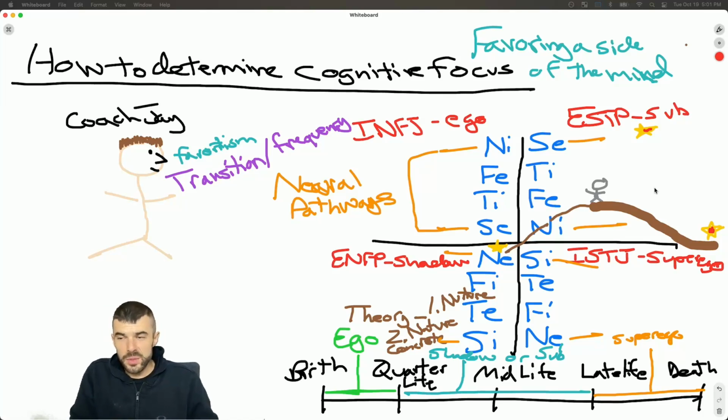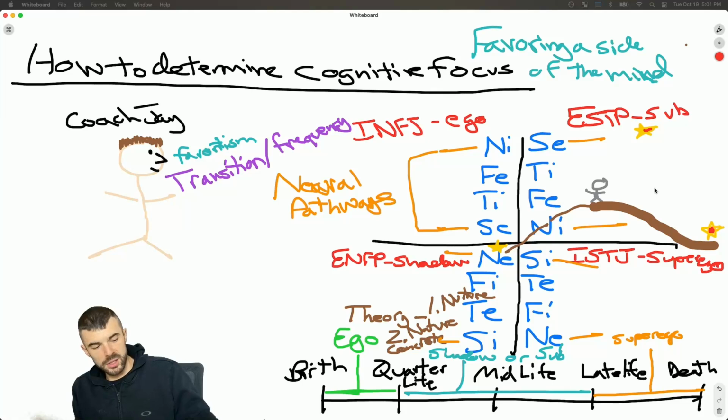The thing is, though, when we look at a person's lifespan from birth to death, overall, I've noticed a pattern. I've noticed a pattern that at certain stages of a person's life, some people favor the same side of their mind compared to others.